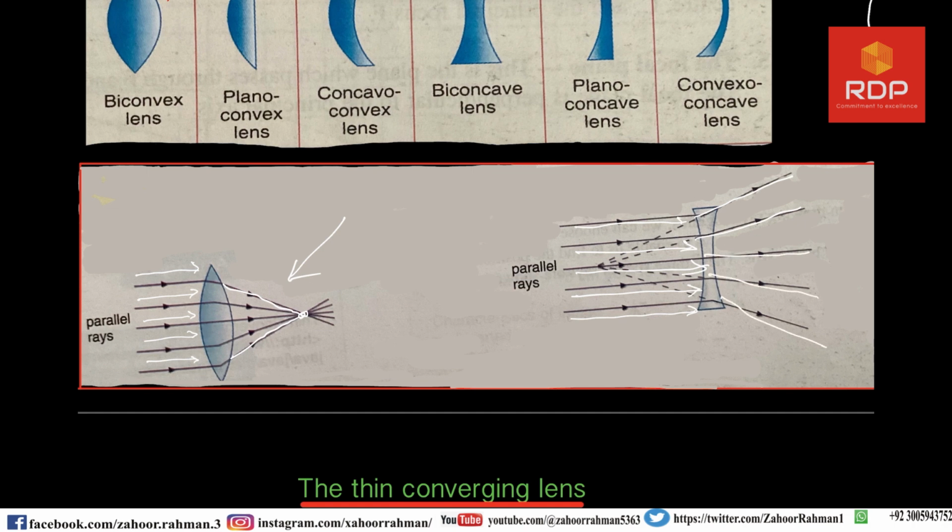They will spread in different directions. And if we extend each ray on the left side, then there will be a focus point here.